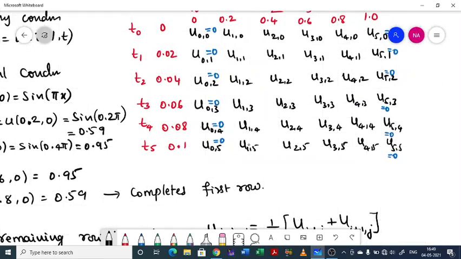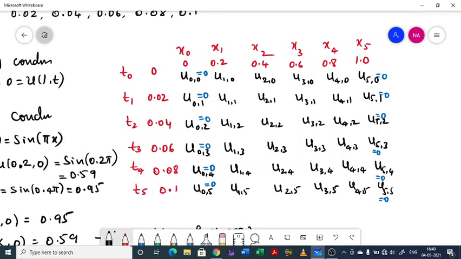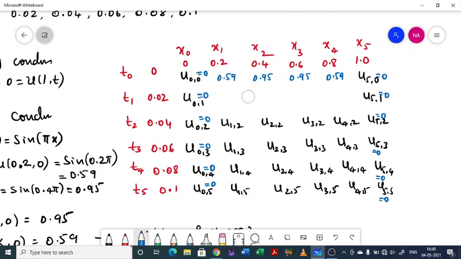So here I will just write the values directly. We have determined the first row: 0.59, 0.95, again 0.95, 0.59. So next you have to determine the second row. The actual computation you have to do; I am writing directly here.